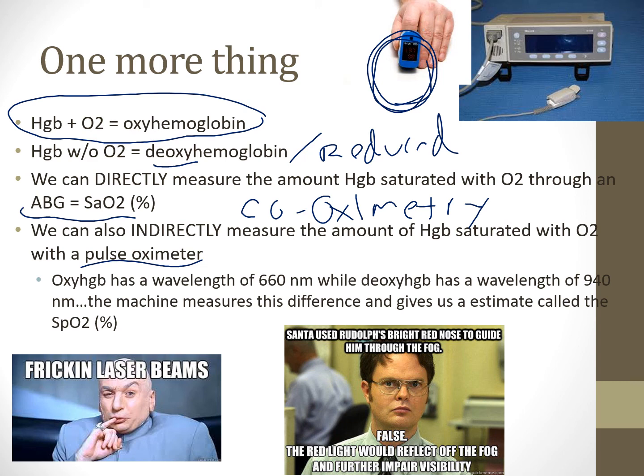Well, if I put a pulse ox on their finger, it will tell me how saturated their hemoglobin is. Now remember, will carbon monoxide bind to their hemoglobin? Absolutely. So their saturation will read very good. In fact, their saturation will read great.